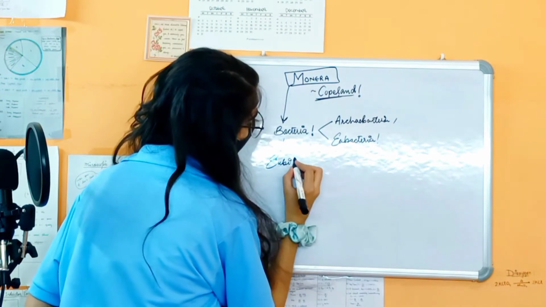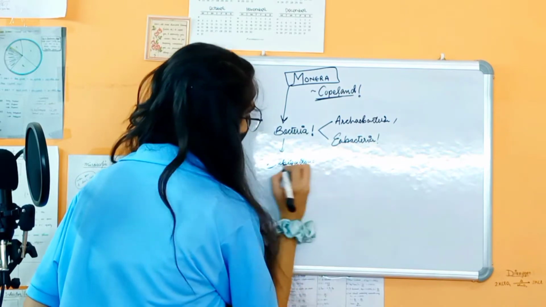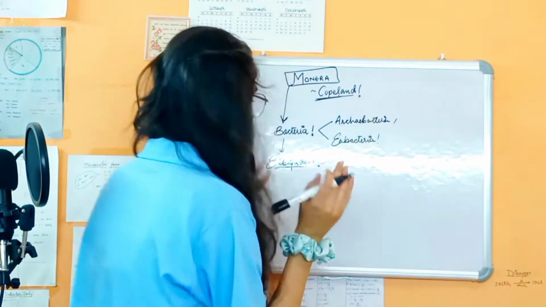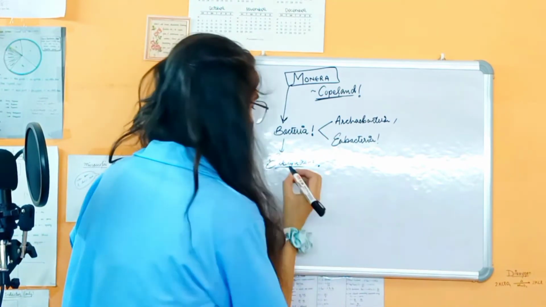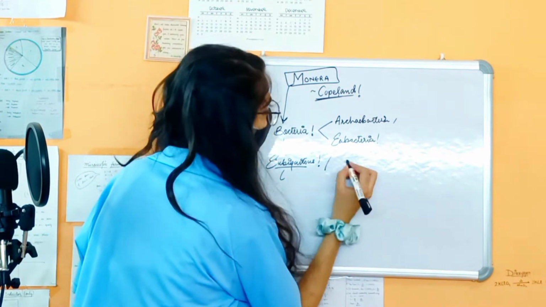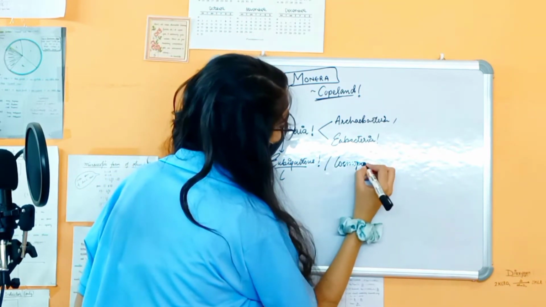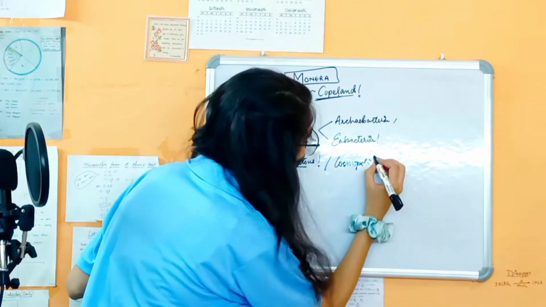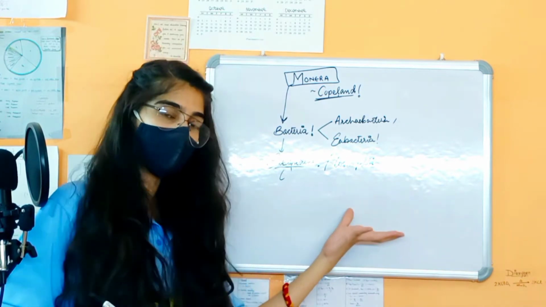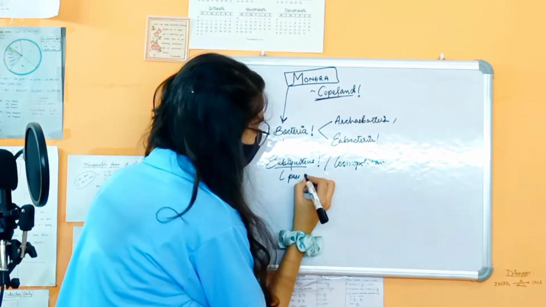This is a line from NCERT. Now, what do we mean by ubiquitous? Another word for ubiquitous is cosmopolitan. It means present everywhere.